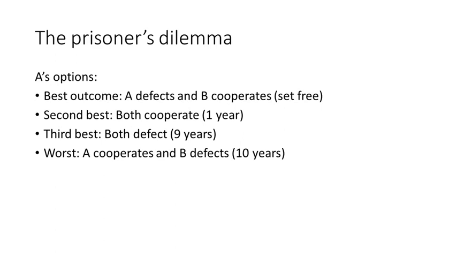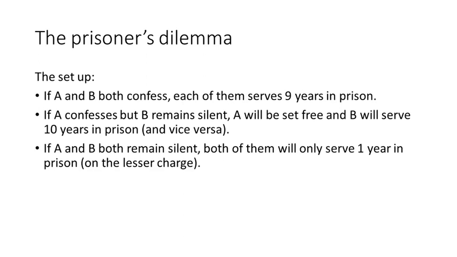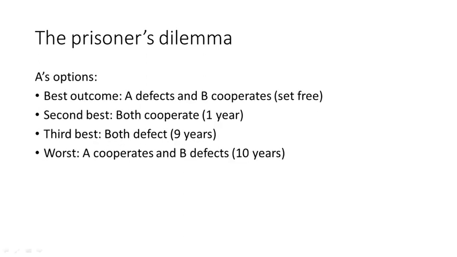And by cooperate, you mean cooperate with your opponent, with your fellow detainee, your accomplice, the other prisoner. So by defect, we mean here confess. You defect against your accomplice and you confess to the police. And by cooperate, we mean keep silent to the police and you're cooperating with your accomplice.